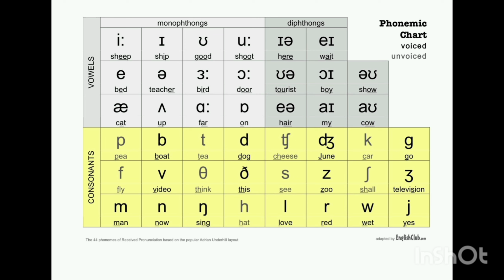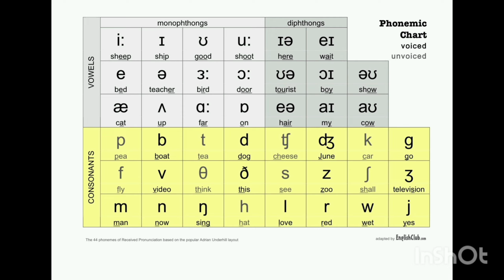The IPA vowel chart, I will also mention this IPA in this introductory part because it is very important. The IPA vowel chart helps you understand how to pronounce words in a language.